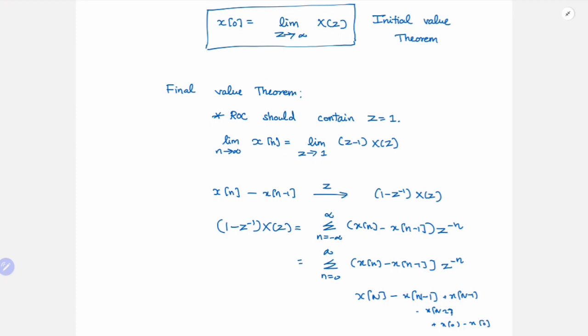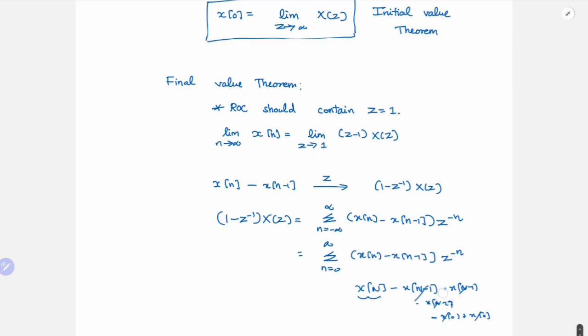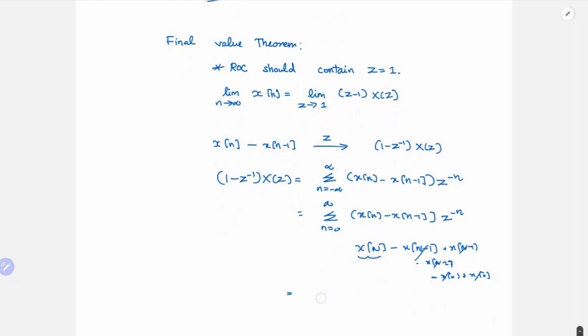Correct? Or the other way around. So all these terms will cancel and I'll be left with only x of n. And I can tend n to infinity. So I'll take limit n tends to infinity, summation n equal to 0 to n, x of n minus x of n minus 1, z power minus n.